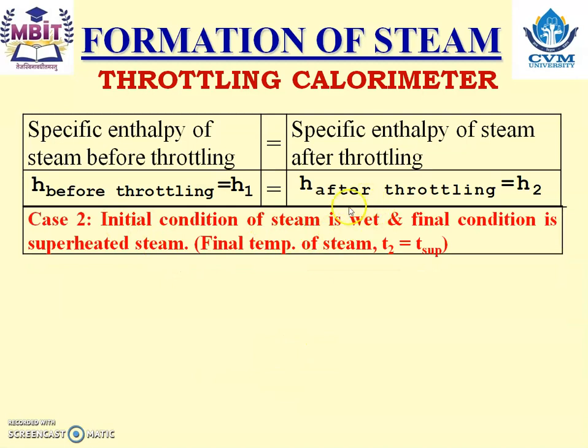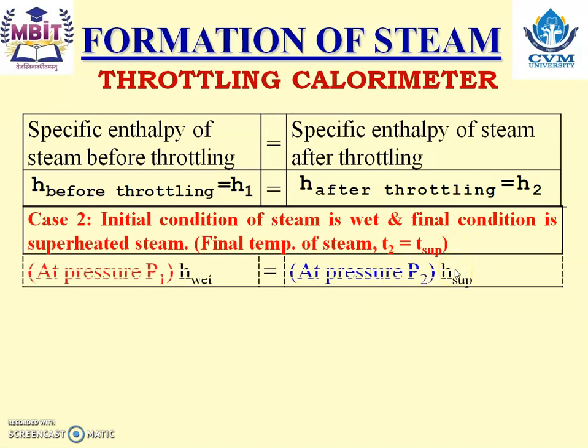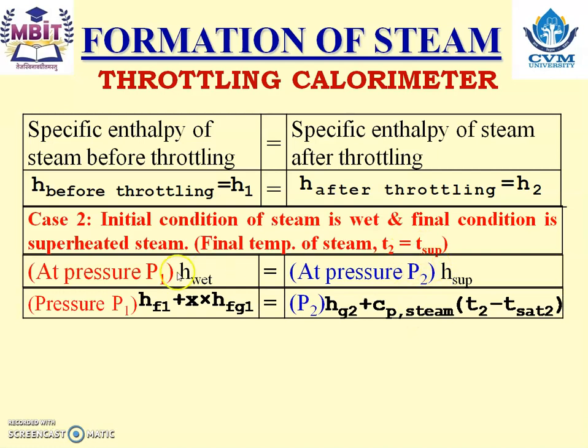Case 2: initially wet converted into superheated, and the final temperature of steam is T sup, which we have measured using the thermometer in the equipment. So H wet equals H sup. Initial pressure is P1, that is high pressure. Final pressure is P2, which is low pressure. Let us write the equation. Hf1 plus x into Hfg1 equals Hg2 plus Cp of steam into (T2 minus Tsat2).